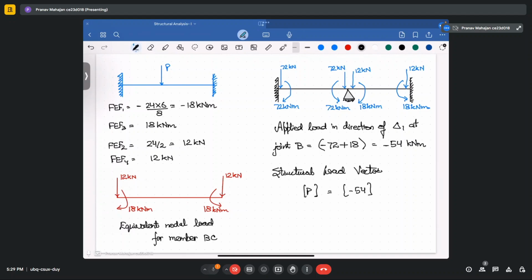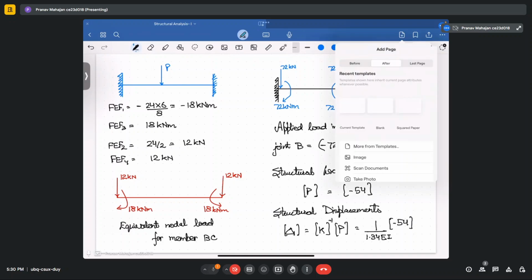Okay. So your structural displacements, how you can define it? So displacement will be equal to K inverse P, and for the first case you have already derived it as 1.34 EI into minus 54.